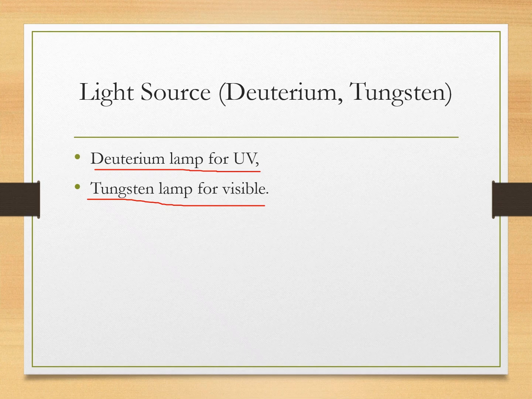The deuterium lamp covers the range from 200 to 400 nanometers and the tungsten lamp from 400 to 800 nanometers. These provide stable and continuous radiation.